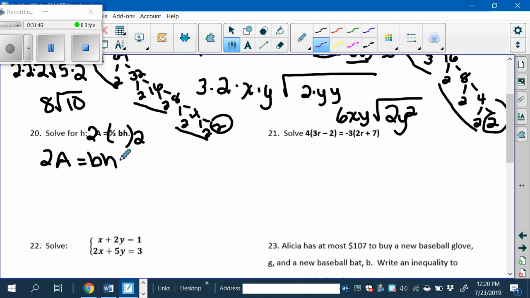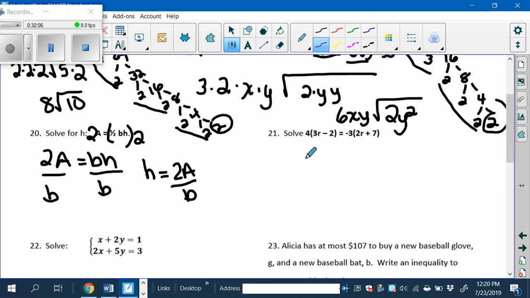Now, I'm saying this out loud because I'm saying b times h. How do I undo times? I divide. So I'm going to divide both sides of the equation by b. So I get h is equal to 2a divided by b. And there we go.